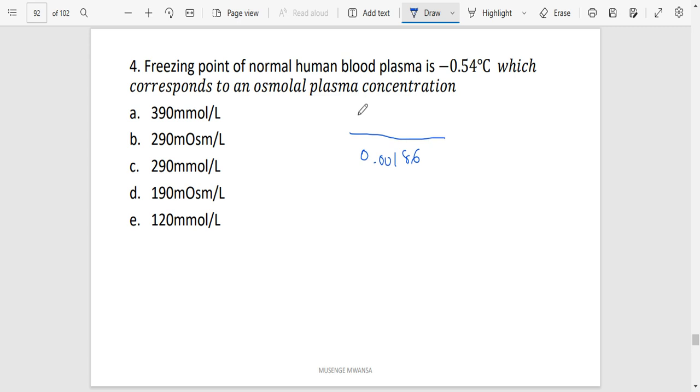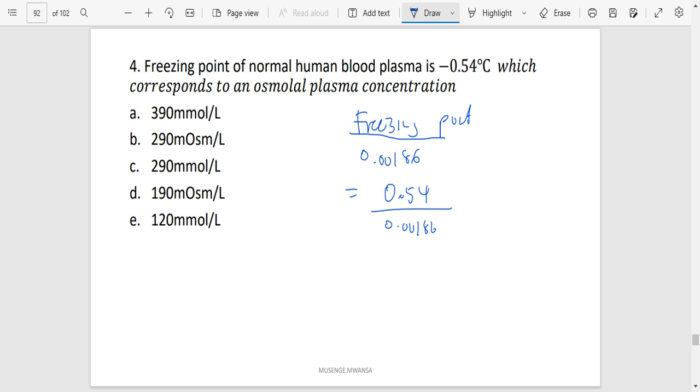On top, we have got the freezing point depression. The freezing point depression should definitely have a negative because it's a depression, but when I'm putting it in this formula, I'm not going to put the negative. So divide that by 0.00186. Let's see what we get.